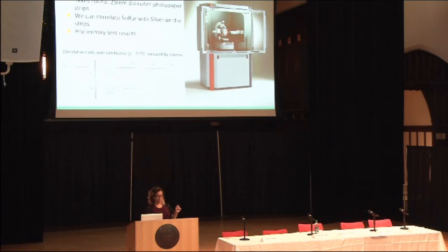So we were really excited to see this really high correlation coefficient, or R value, at 0.97, and then the P level is less than 0.0001. If you're familiar with statistics, this is pretty exciting. It means that the amount of silver that we're seeing on the XRF most likely indicates the level of hydrogen sulfide that's on the strip.